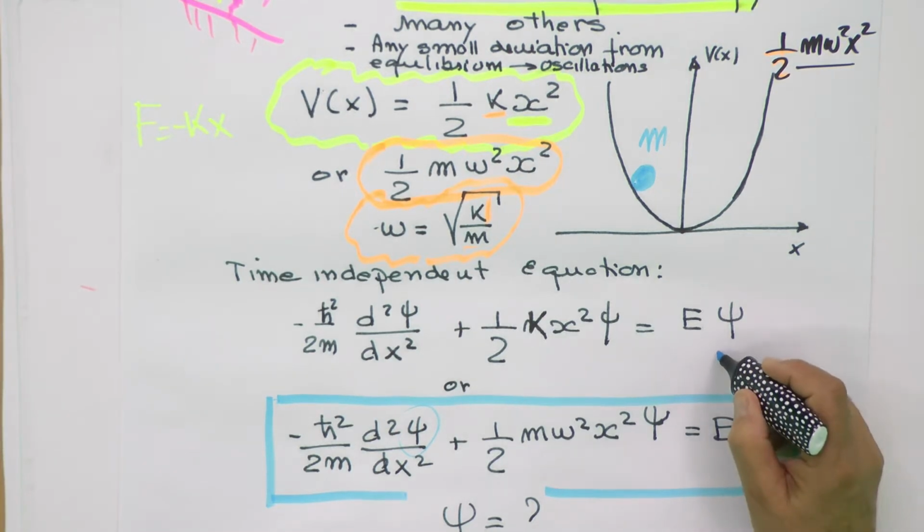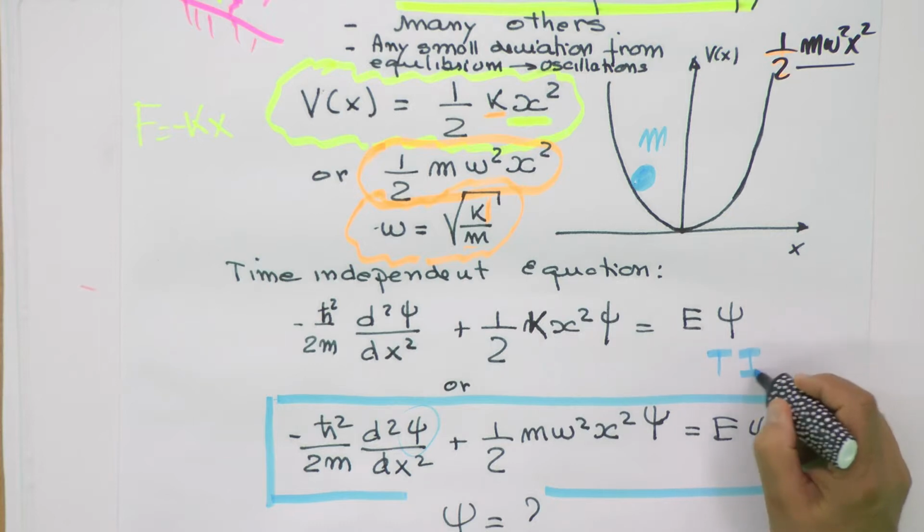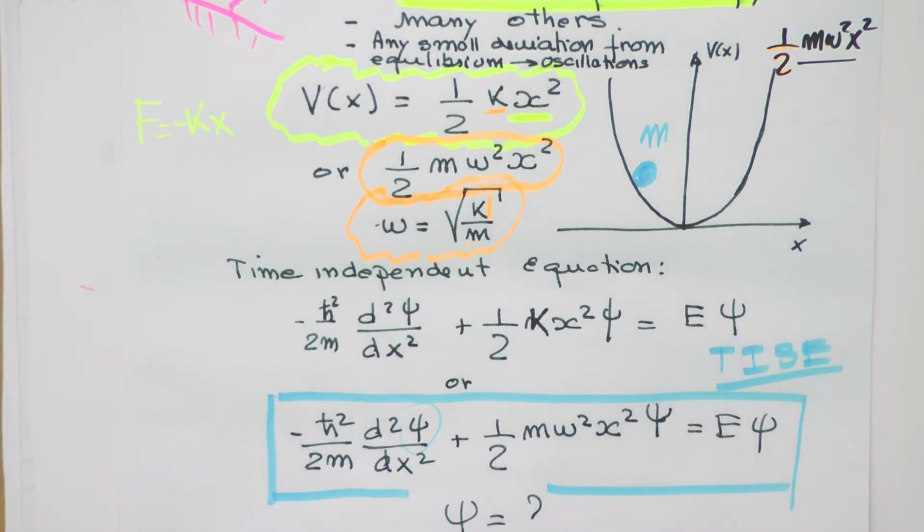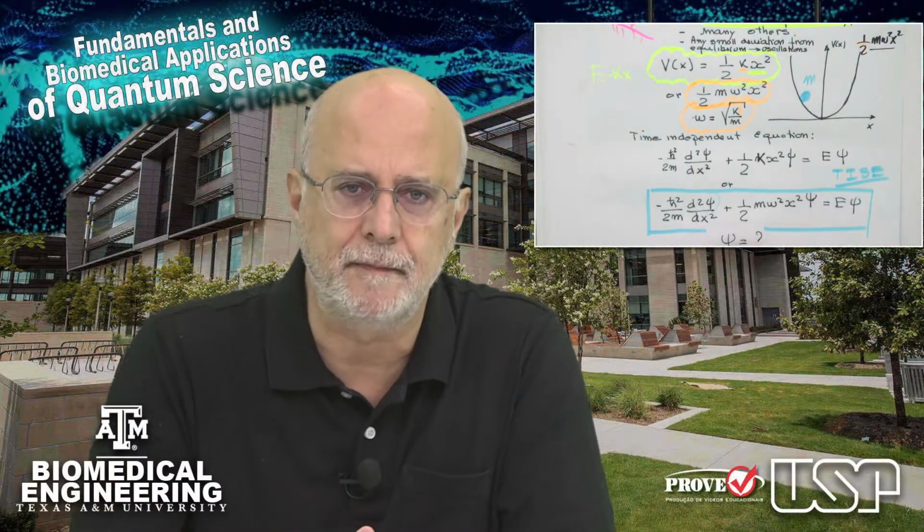This is the time-independent Schrödinger equation. So we are dealing with this equation because we want to find the stationary states, right? Which give us the spectrum of energy.